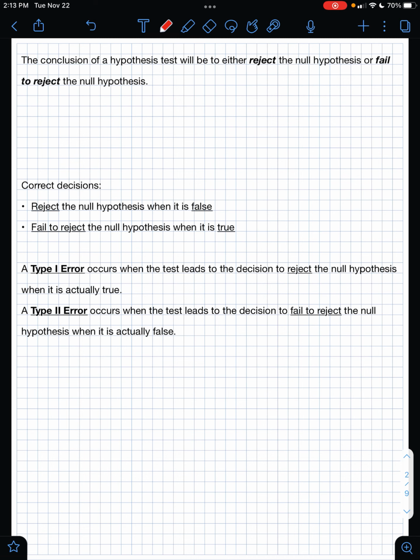So when we do a hypothesis test and go through the procedure, at the end of it, we will make a conclusion as to whether we are going to reject the null hypothesis or whether we will fail to reject the null hypothesis.